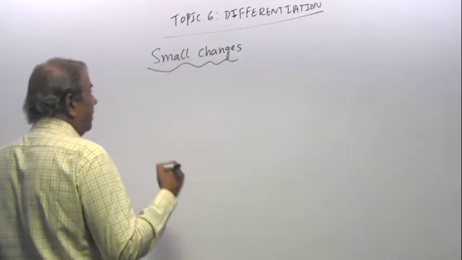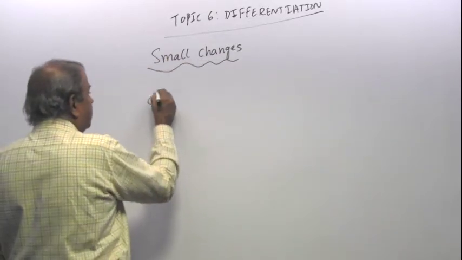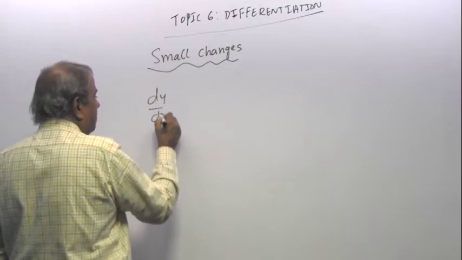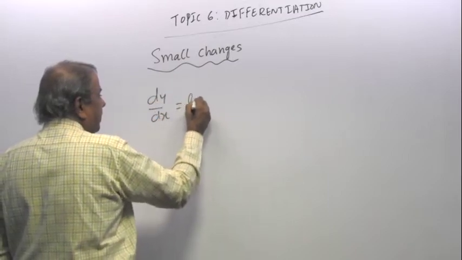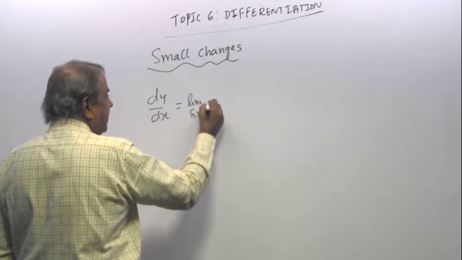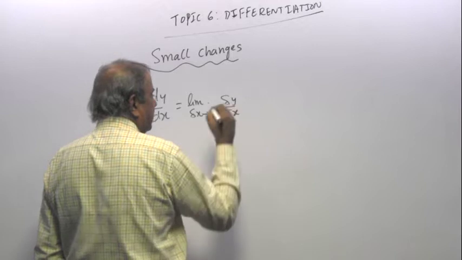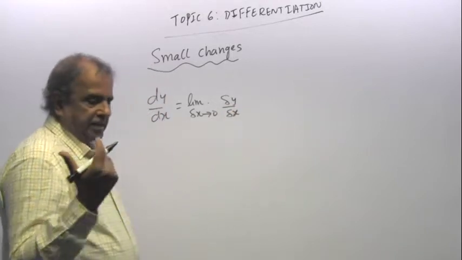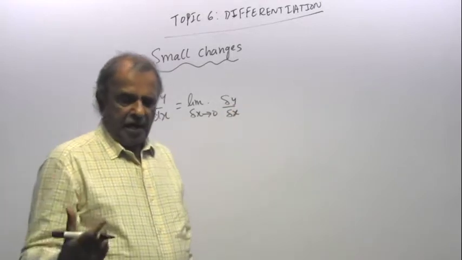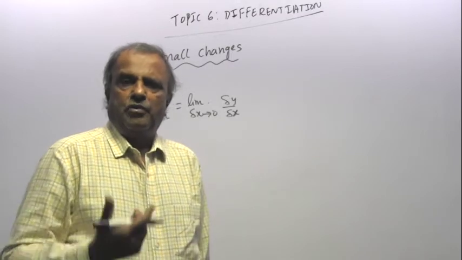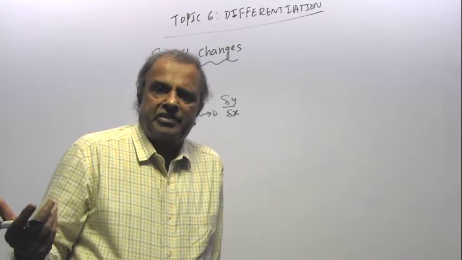See, when we define dy by dx, we said dy by dx is the limit as delta x tends to 0 of delta y by delta x. That means it's the rate of change of y with respect to x for very small changes in x.